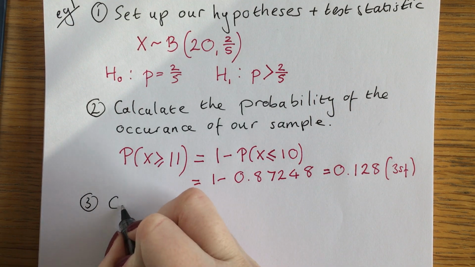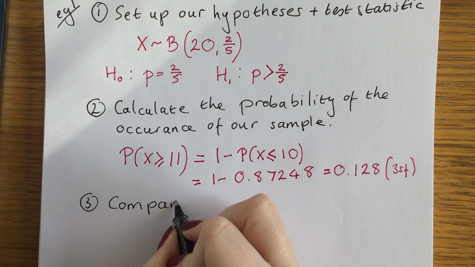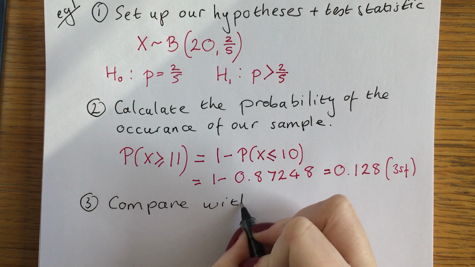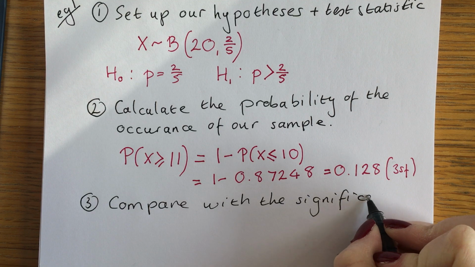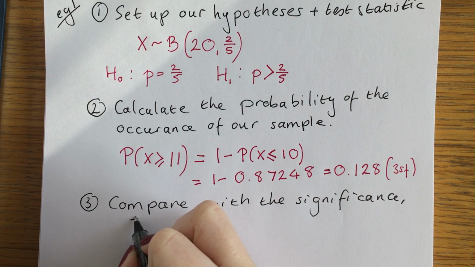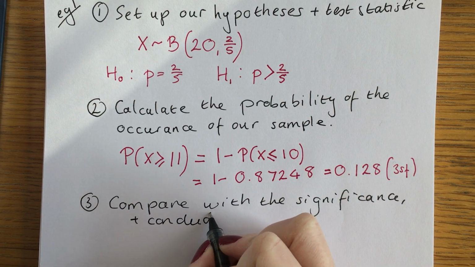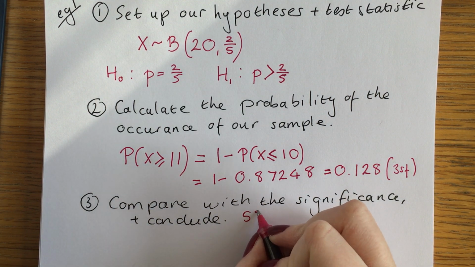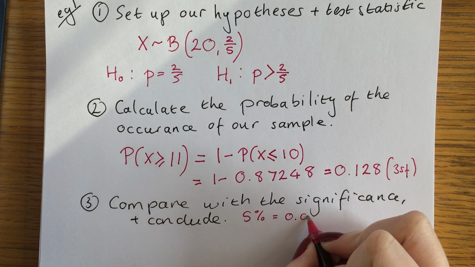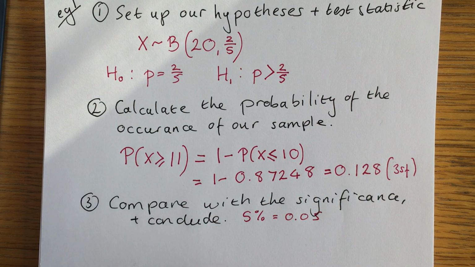So our final step is to compare our probability with the significance and conclude our hypothesis. Well, 5% I have to write as a decimal, which is 0.05.